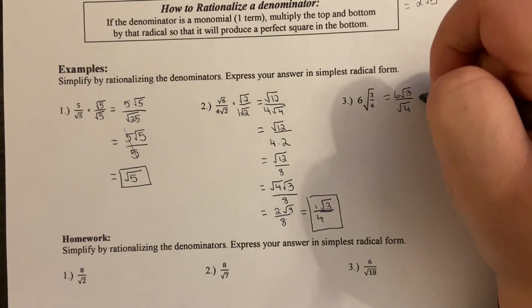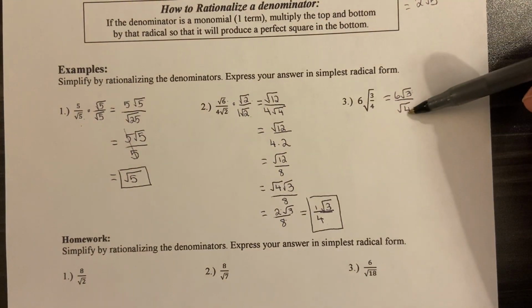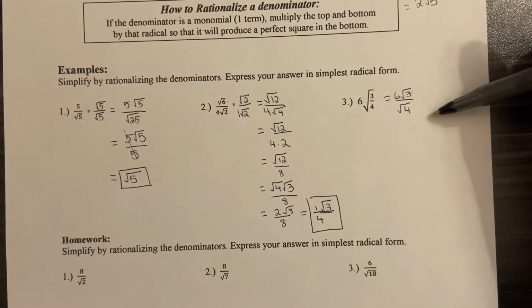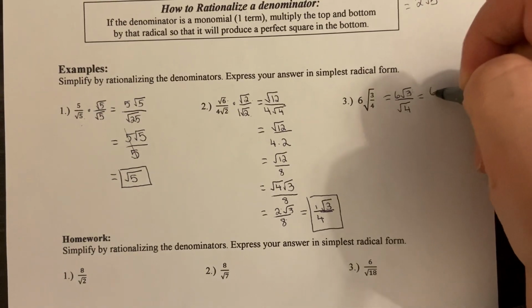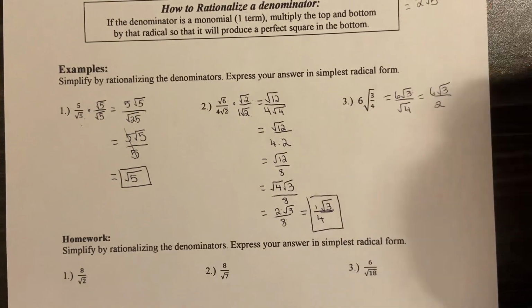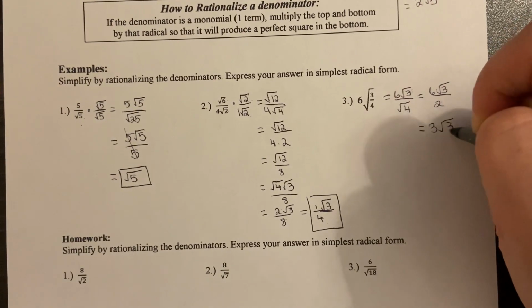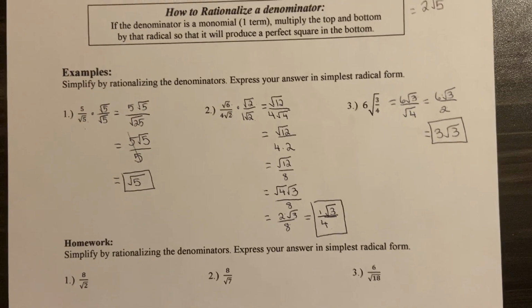Usually, if that were radical, I don't know, 2, we would be multiplying by radical 2 over radical 2 and then simplifying. But since radical 4 is already a perfect square, that's just going to give you 2. And then 6 divided by 2 is 3. So the final answer on this one is just 3 radical 3.